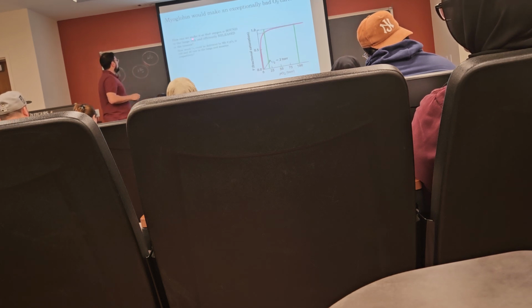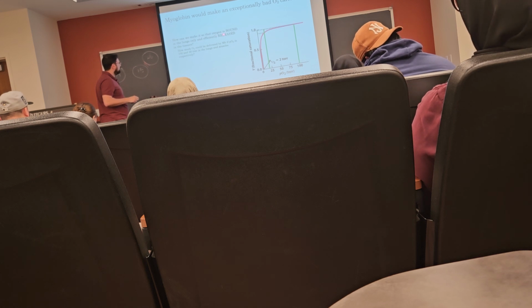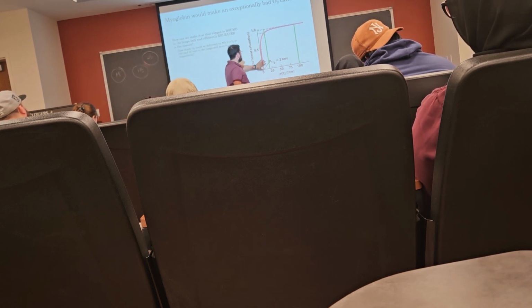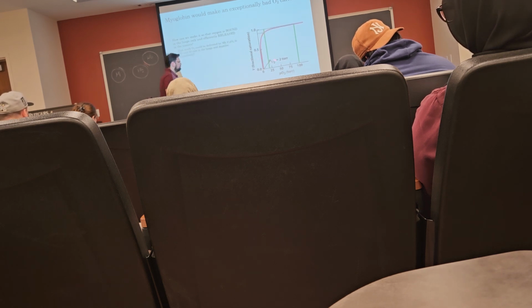Now, how can we make it so that oxygen is bound in the lungs, but released in the tissues? Because again, remember, here we have the loading curve for myoglobin. It's got a P50 of 2 torr.